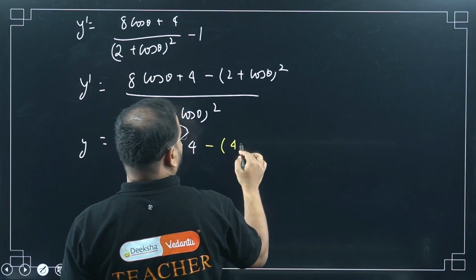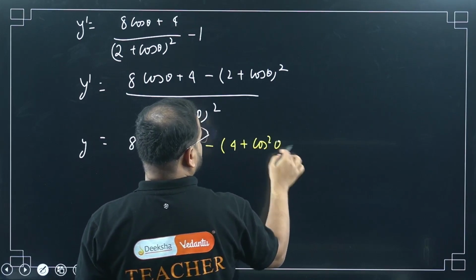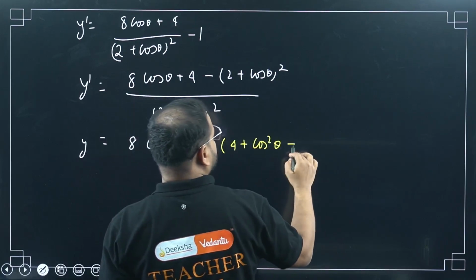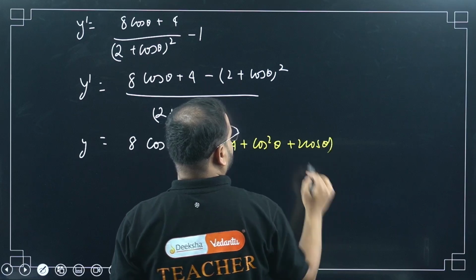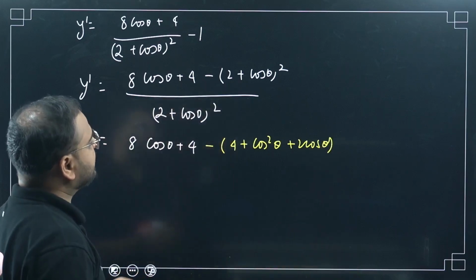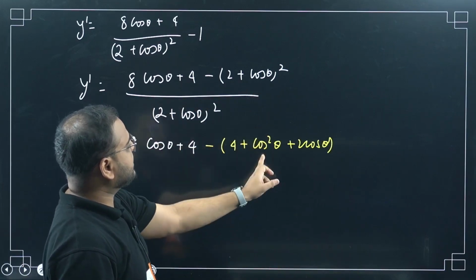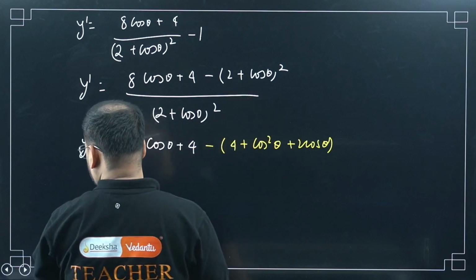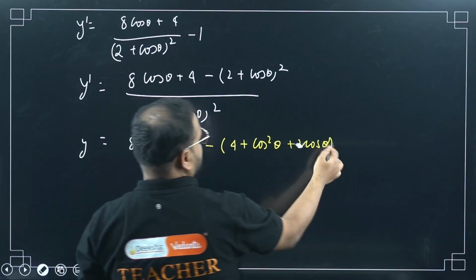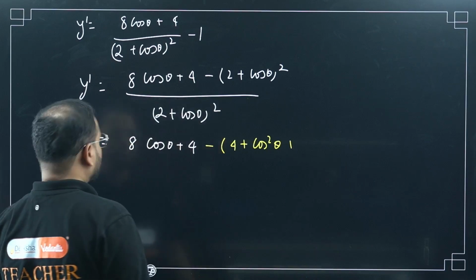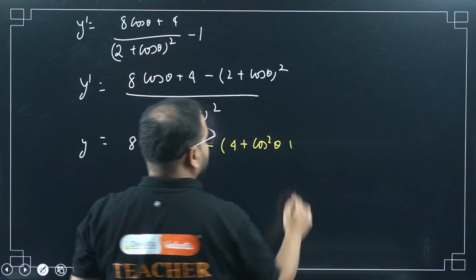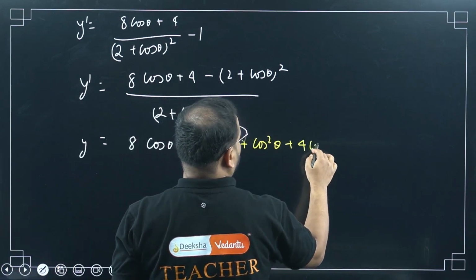minus 4 plus cos square theta, okay, plus 2 cos theta. Yes or no? Yes or no? Please check here. 2 is 4, cos theta is cos square theta, and this will be not 2, 4 cos theta. Because 2ab, right? So 2 into 2 will be 4 times cos theta will be plus 4 cos theta.